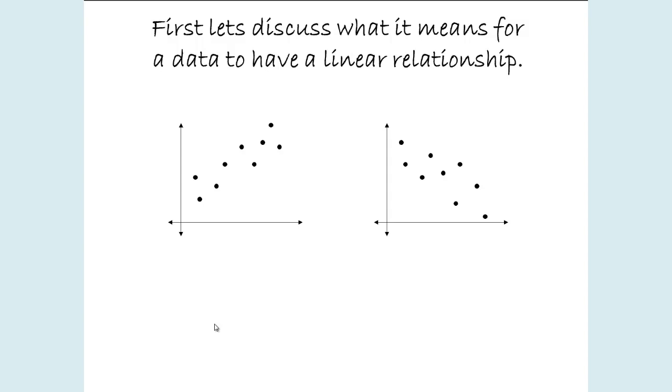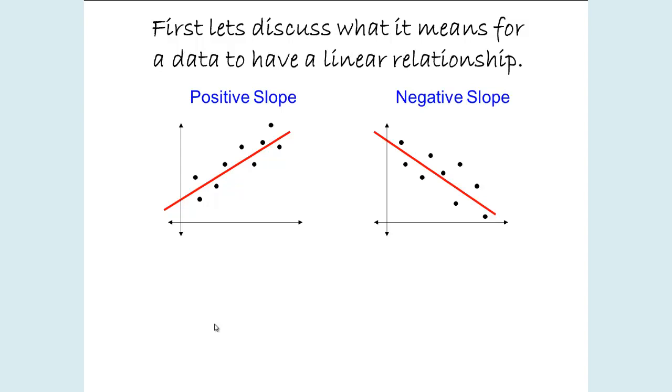We're going to talk about positive and negative slope. The first one here has a positive slope. The trend is upward as we look from left to right. On the second one, we have a negative slope. The trend is downward as we look from left to right.